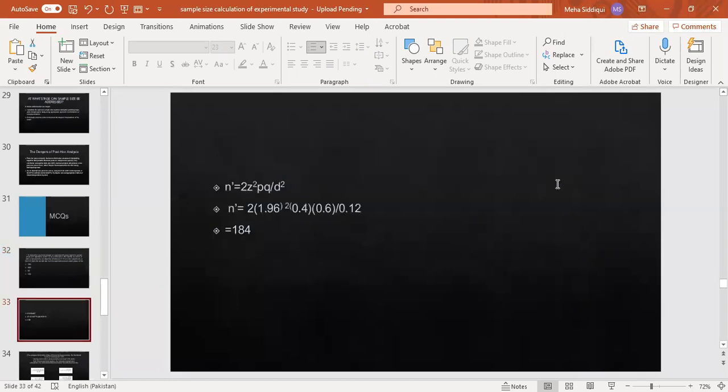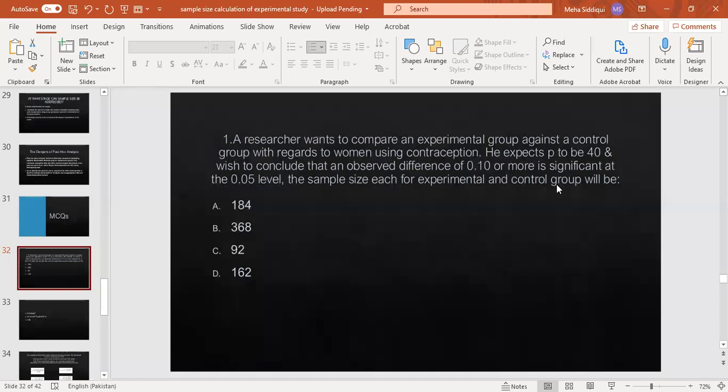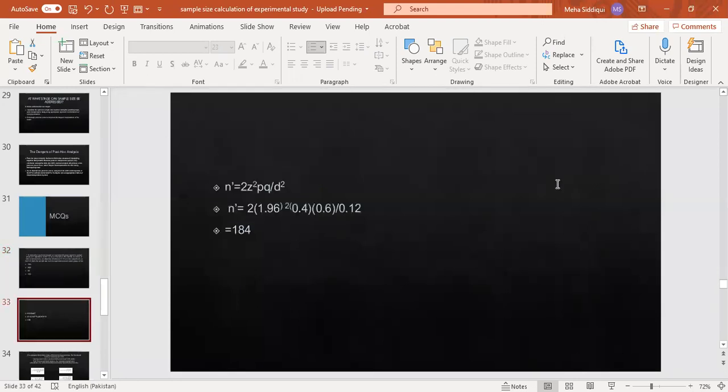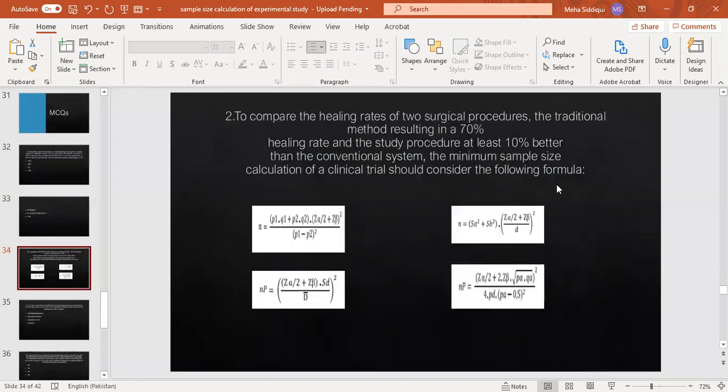And D is the minimum difference between the two groups. So the sample size we got, applying all these values in the formula, is 184.